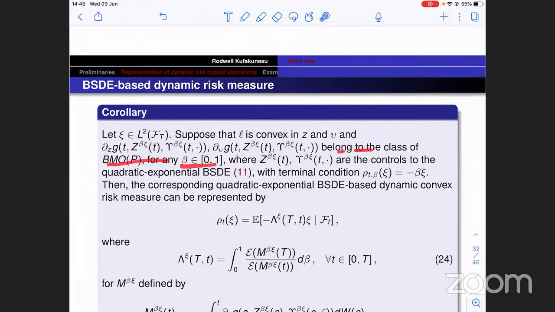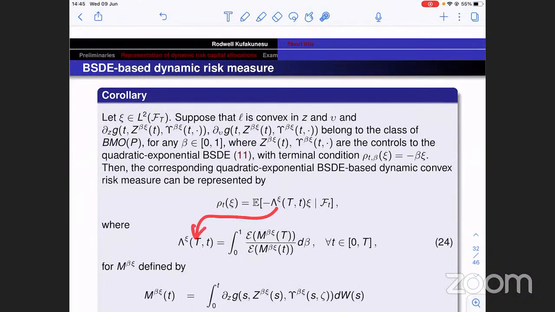Beta, remember, comes from the portfolio weights between 0 and 1. Then this is what we get as the controls of backward stochastic differential equations. And also the terminal condition will be written like this. Then the corresponding quadratic exponential BSDE-based dynamic risk measure can be represented this way.